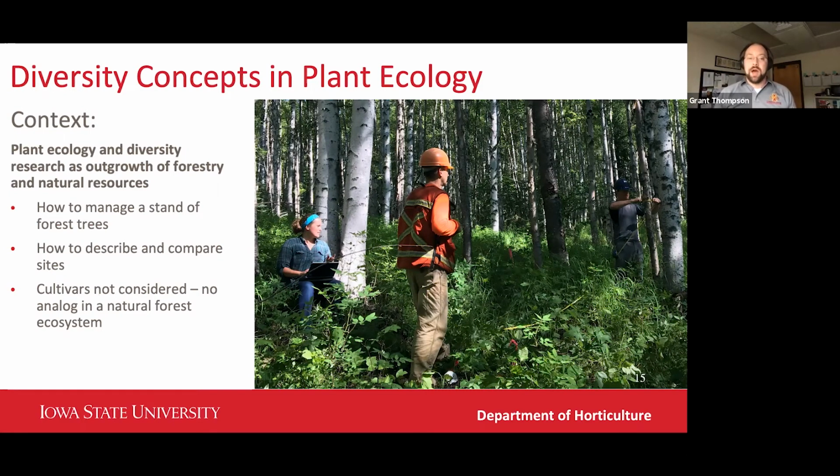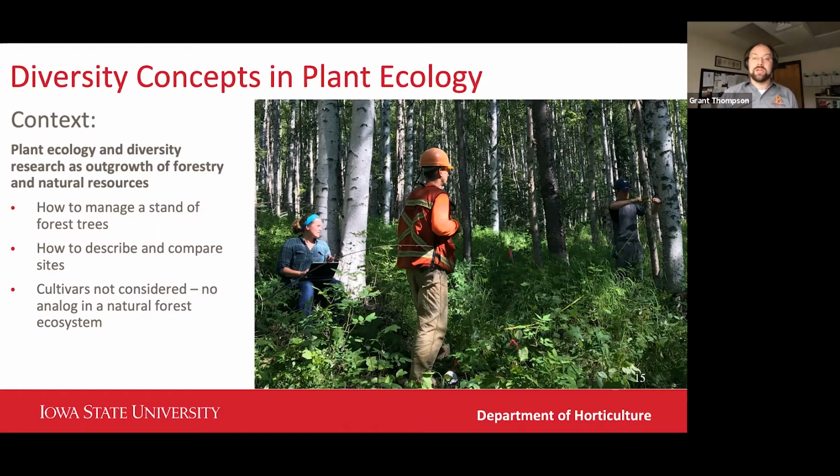And in plant ecology, which is really an outgrowth of forestry management and natural resources, thinking about timber and lumber management, how do we describe a stand of forest trees? And how do we describe and compare different stands across a landscape? If we do something management-wise here, how does that differ from something else?